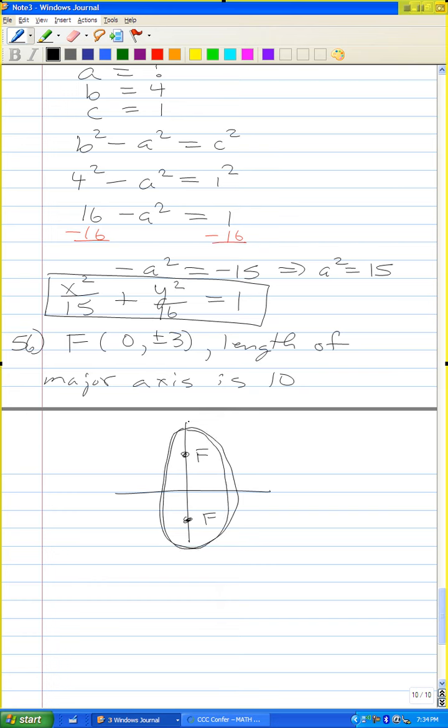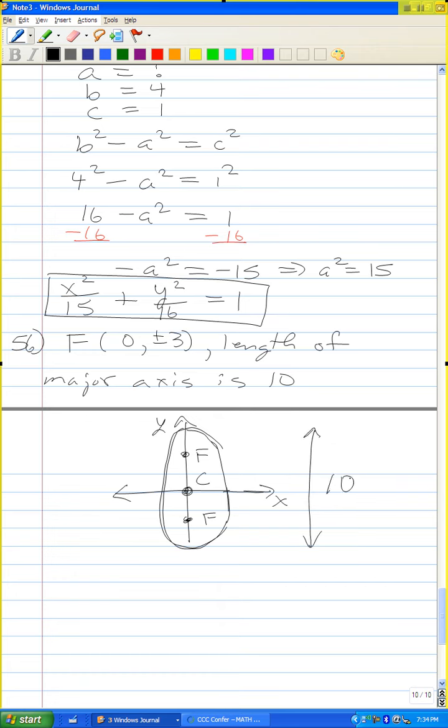Not a very good ellipse. It's just an ellipse. Therefore the center must be at the midpoint, which actually turns out to be the origin. The major axis, therefore, must be in the y direction, which in this case has a length of 10.